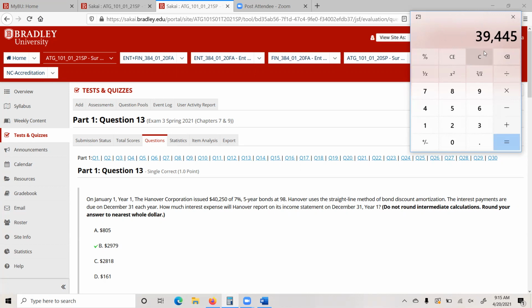or the amount I calculated here at $39,445. So our discount would be the cash proceeds minus the face value of the bonds. So the discount was all of $805 to be amortized over a 5-year period. When you have bonds issued at a discount, the amortization of the discount is additional interest expense when the interest payments are made.